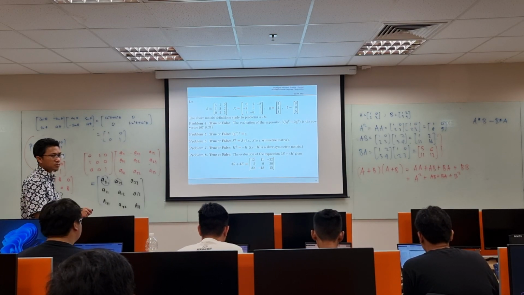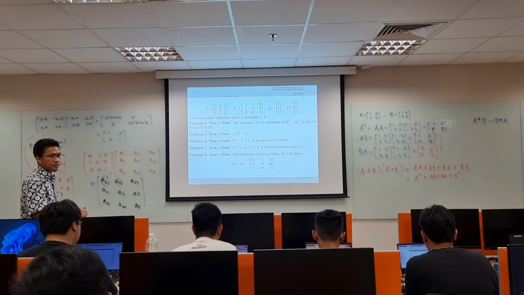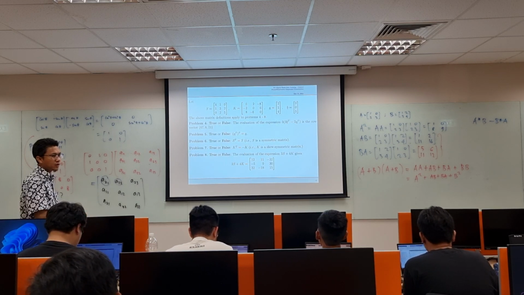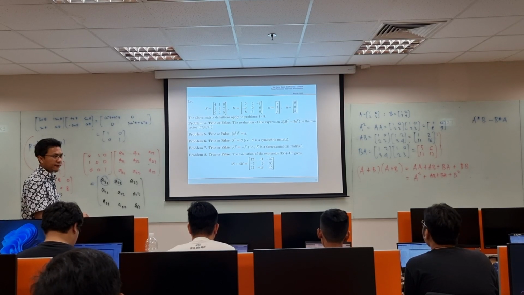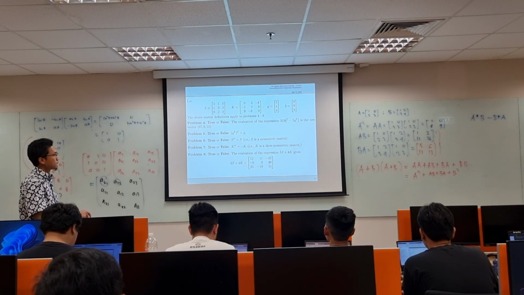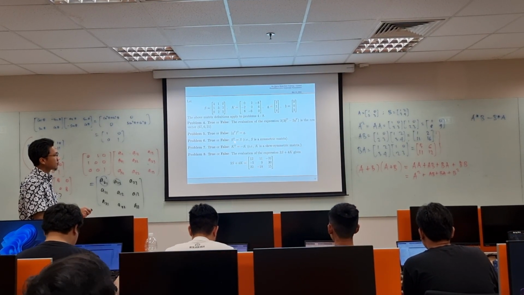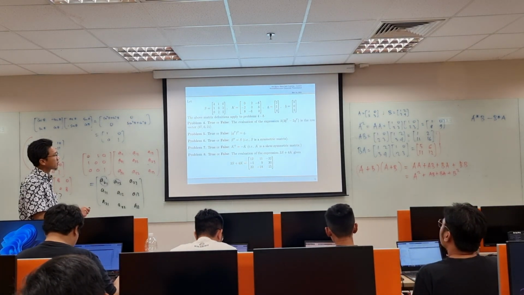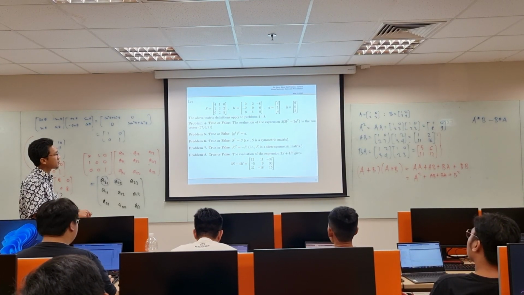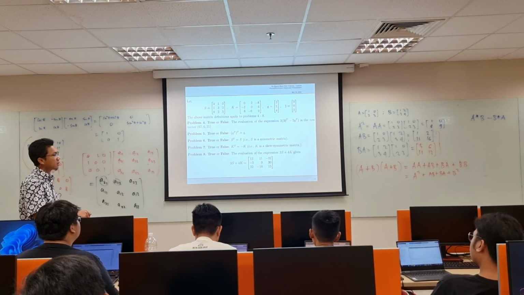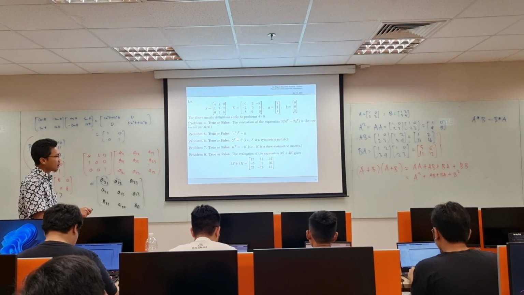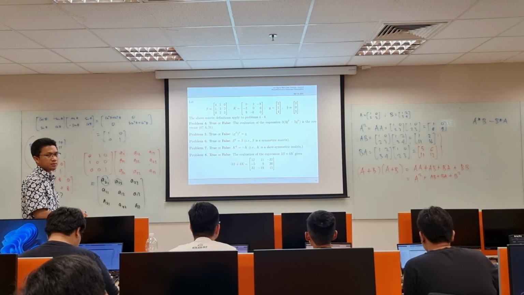That this is true? You take the transpose of the transpose, you get back to your original matrix. Okay, number 6. True. Good. Is this symmetric? True, yeah. So if it is symmetric, then the transpose is itself. Okay.